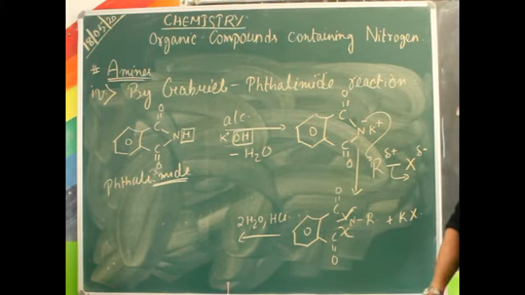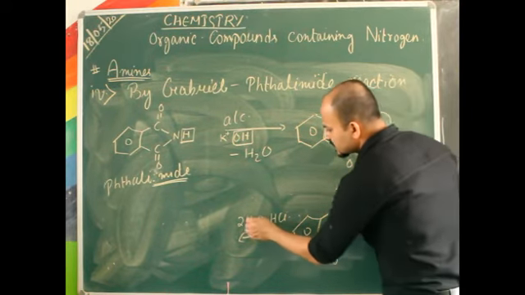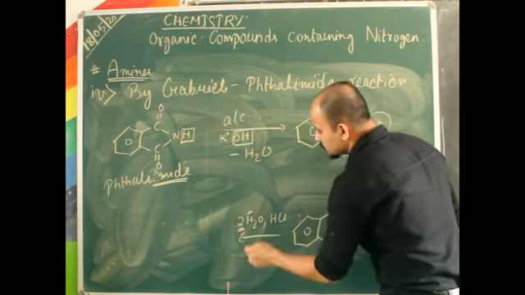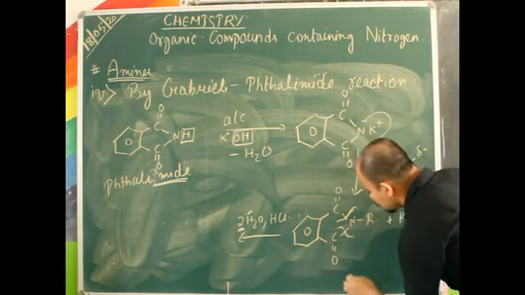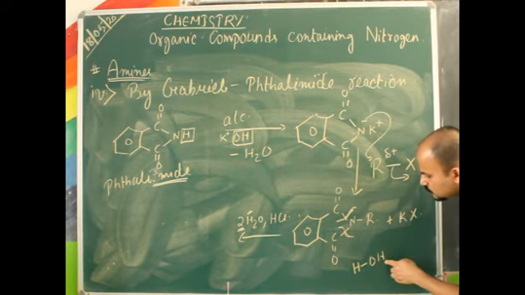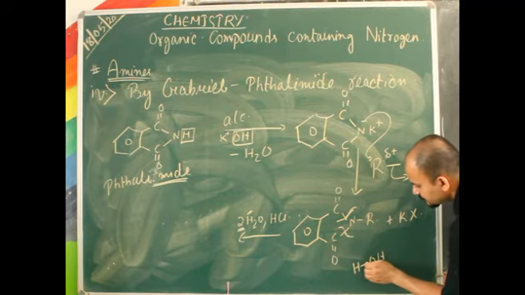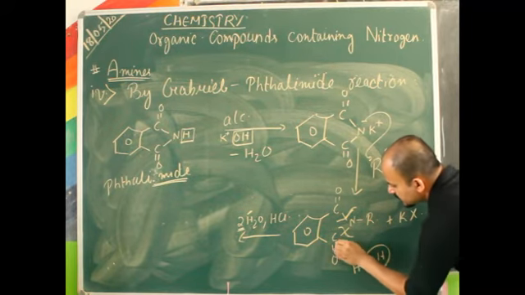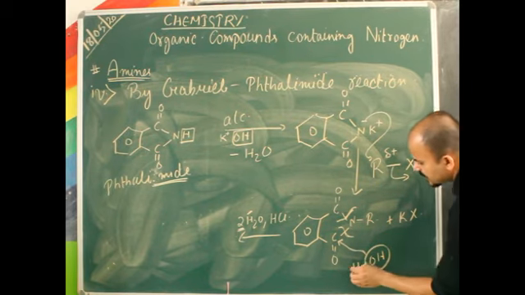Now please look at it very carefully how this reaction takes place. Since we are using 2 molecules of water, I am going to use 1 molecule. Here I am writing OH here. See, this is H2O. Now what will happen? This OH will go and get bonded with this carbon.